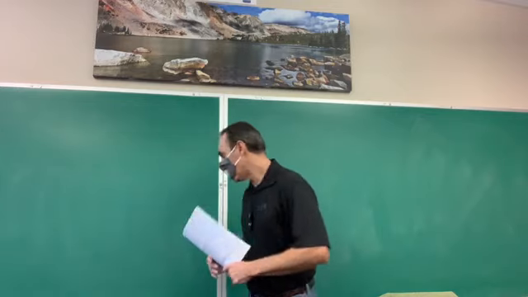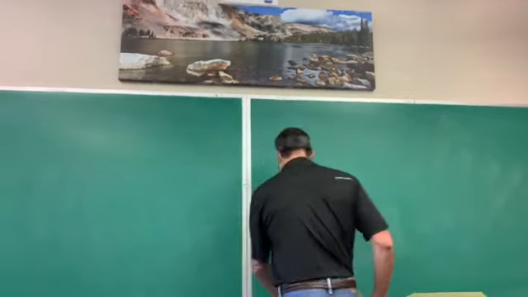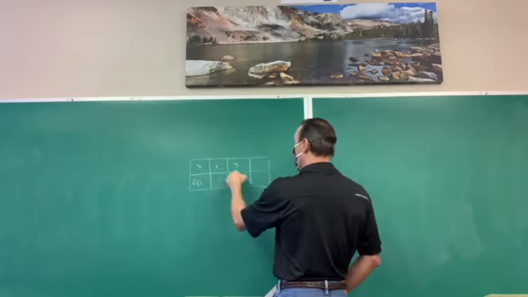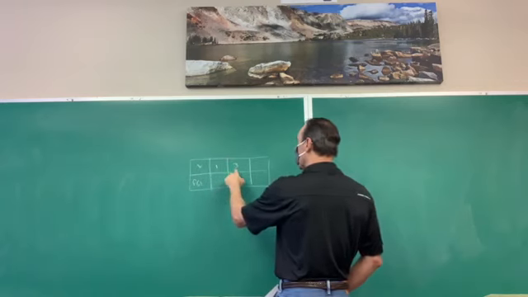Typically what you'll see on an AP type of question is you'll be given some kind of table of values, where you have x and f of x, and maybe you've got 1 and 3, so the spacing between these is 2.